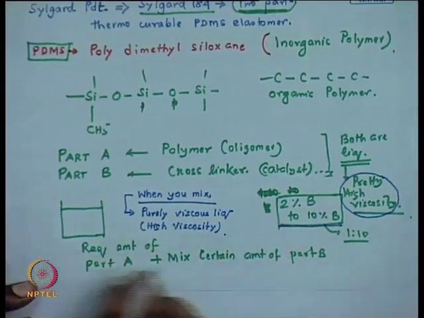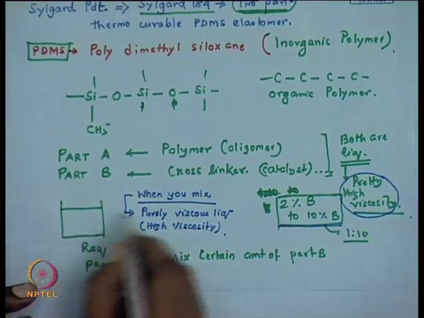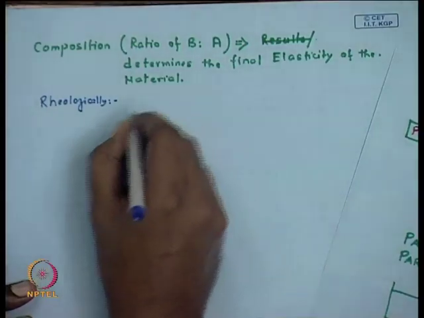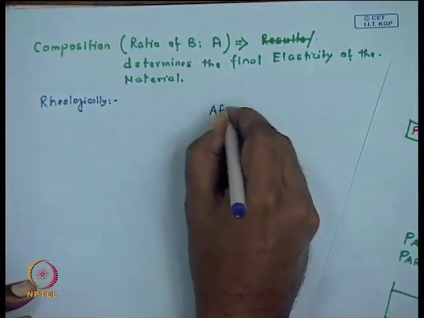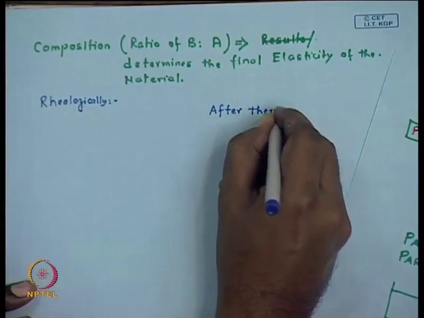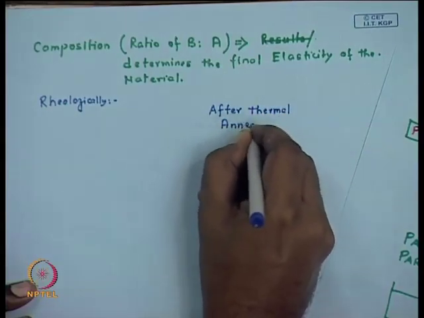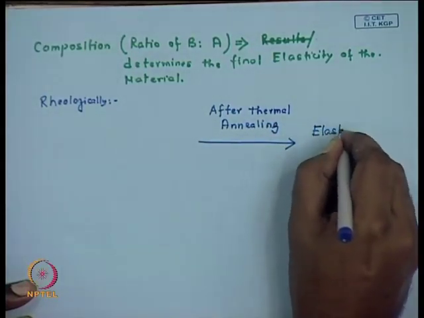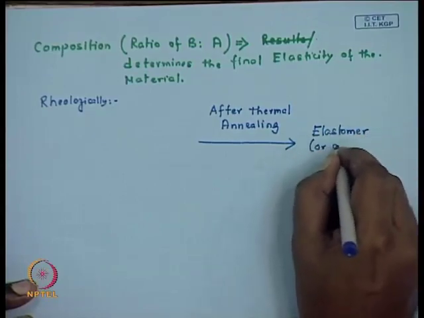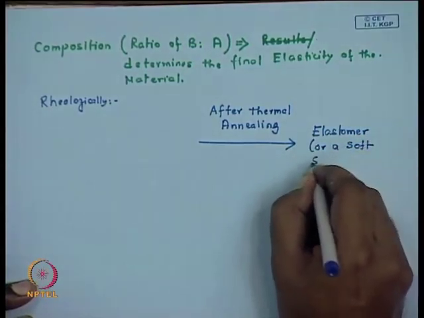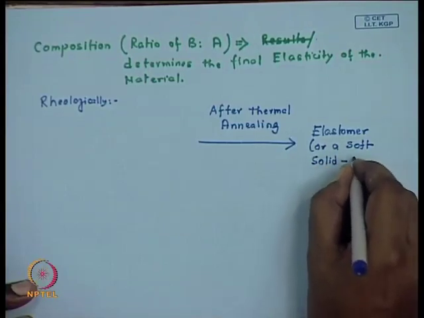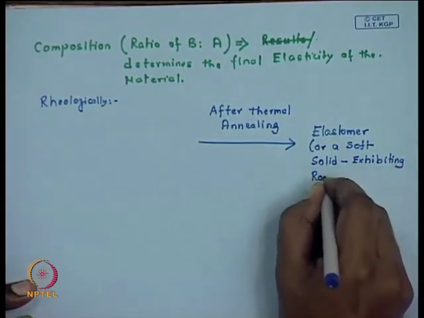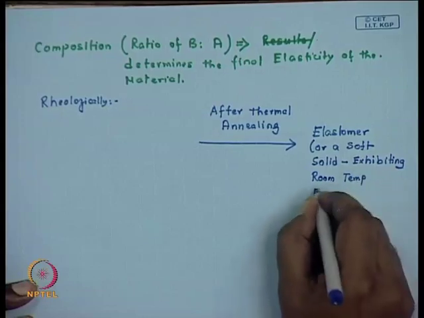but when you allow it to remain in place for a long time, or you rapidly thermally anneal it, it eventually results in an elastomer or a soft solid exhibiting room temperature elasticity.